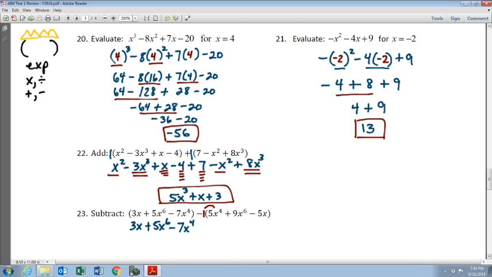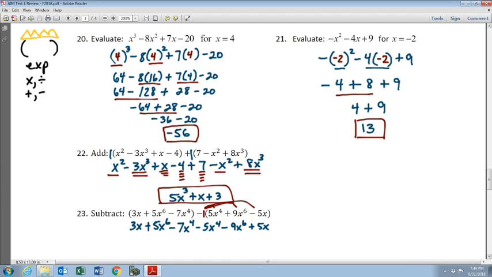So we're going to get negative 1 times 5x to the 4th. That's negative 5x to the 4th. We'll write it using subtraction. Negative 1 times 9x to the 6th. That's minus 9x to the 6th. And a negative 1 times a minus 5x, that's going to be a positive 5x, so we'll write plus 5x.